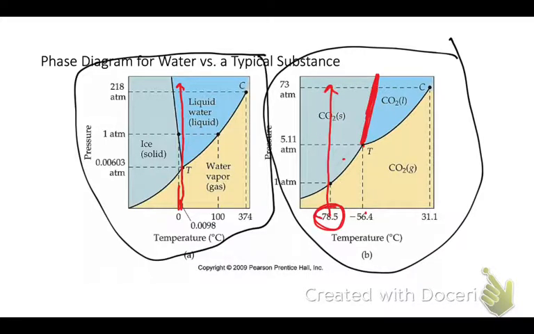So remember that when you identify the phase diagram of any substance, look at the slope of this line, and you will know if we are looking at water or anything else, because anything else will look just like the carbon dioxide phase diagram. Water is the only one with that tilted slope to the left, because the liquid state will be the most dense state at 4 degrees Celsius for water.